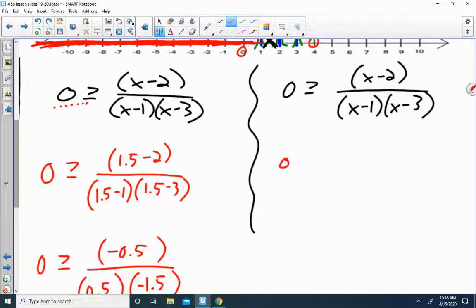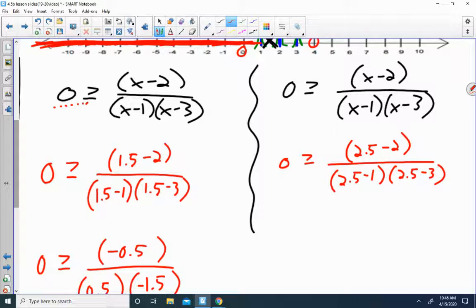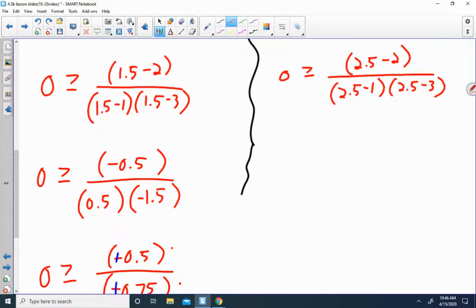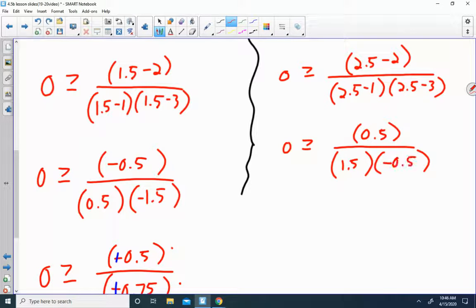Okay, so 0 greater than or equal to 2.5 minus 2 all over 2.5 minus 1, 2.5 minus 3. Simplify from there. 2.5 minus 2 should just give you 0.5. On bottom, 2.5 minus 1 should be 1.5. And then 2.5 minus 3 will give you negative 0.5.